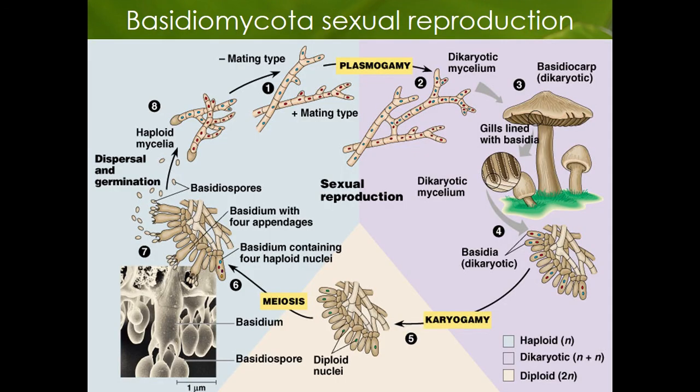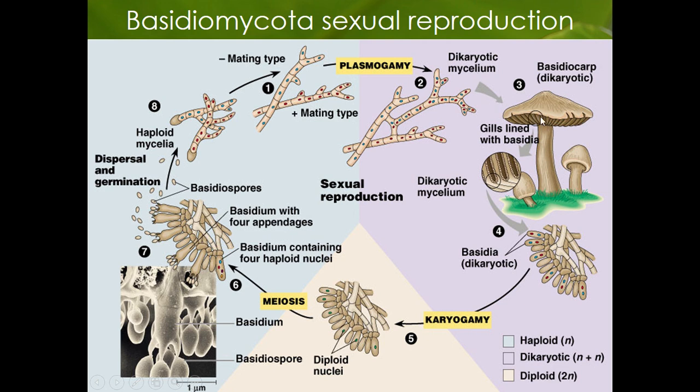So let's look here, starting from here. The two mating types will mate and undergo plasmogamy. Plasmogamy, the fusion of the cytoplasm, will produce a dikaryotic mycelium.